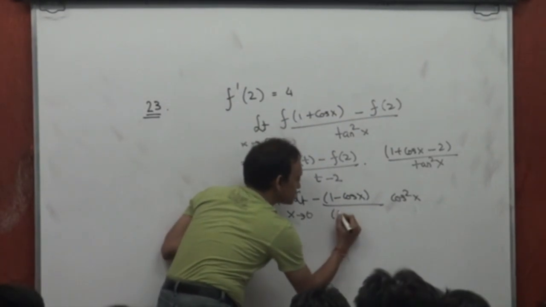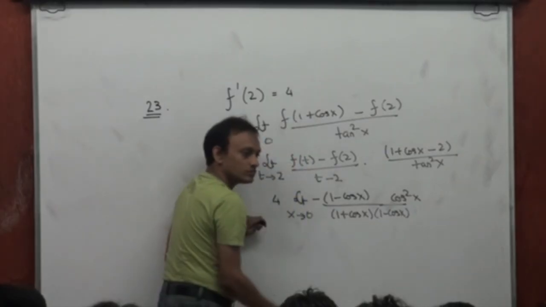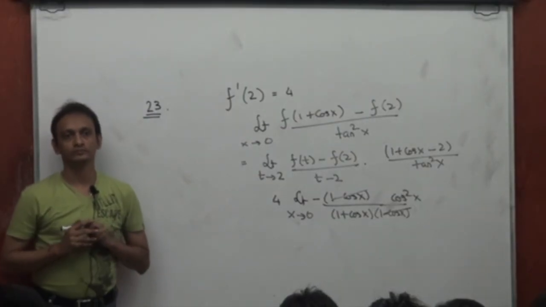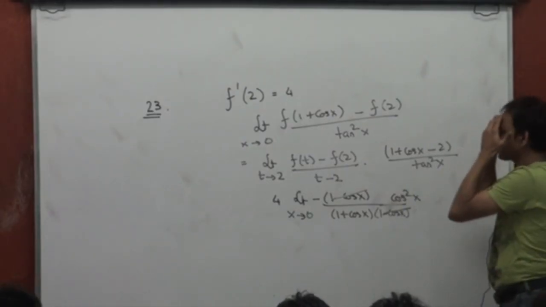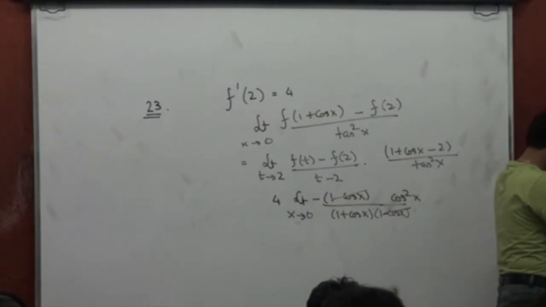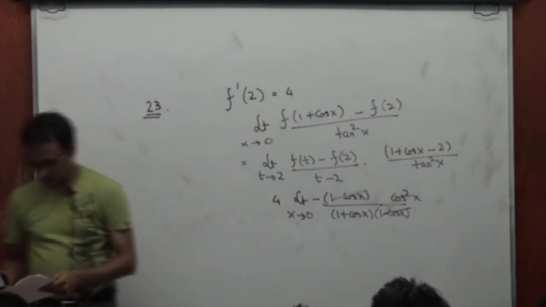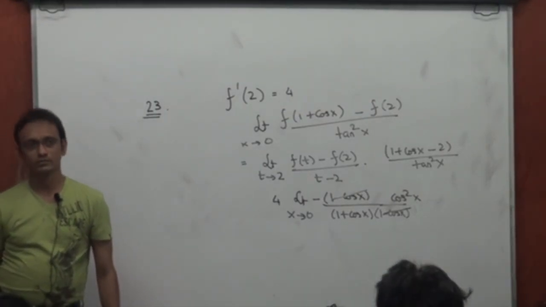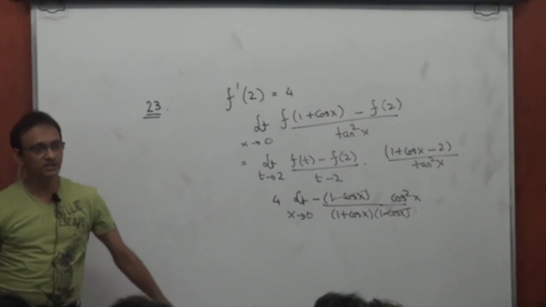This sine squared x is 1 plus cos x into 1 minus cos x, x tends to 0. Are you okay with this?